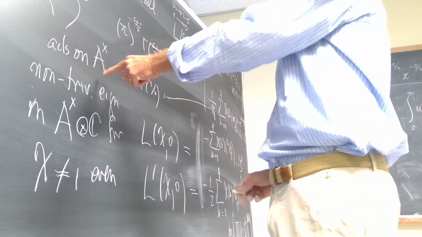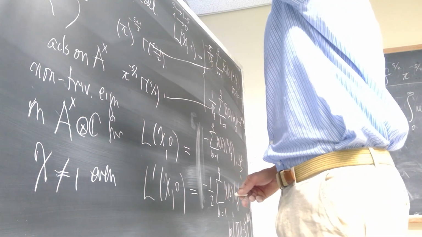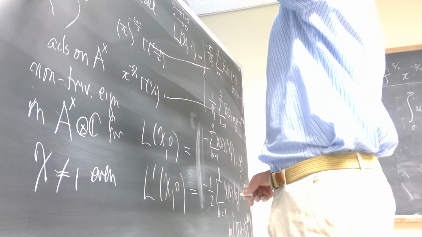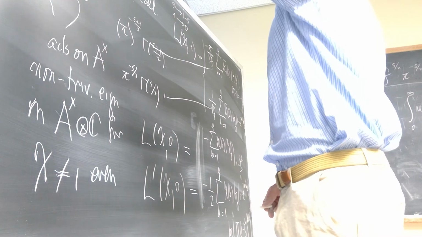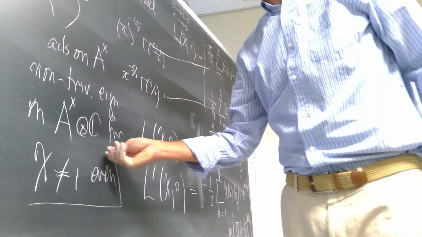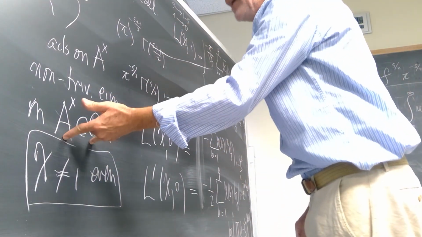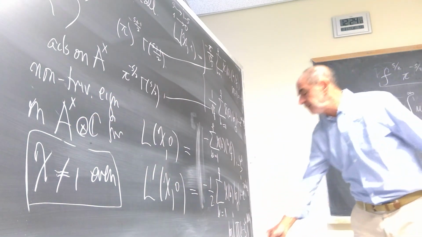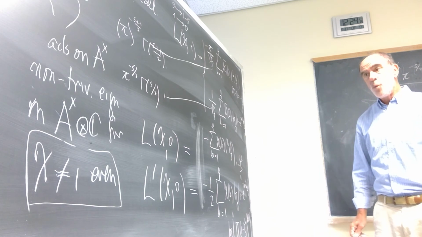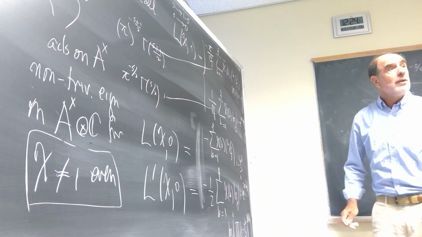Remember, the rank of this group is r1 plus r2 minus 1, and r1 is 0, it's a totally complex field. r2 is half the dimension, so it's r2 minus 1. That's the number of even characters. And every even character has a one-dimensional eigenspace for the Galois group on this, and this is a generator of it. Whereas for odd characters, the eigenspace for the units is trivial.